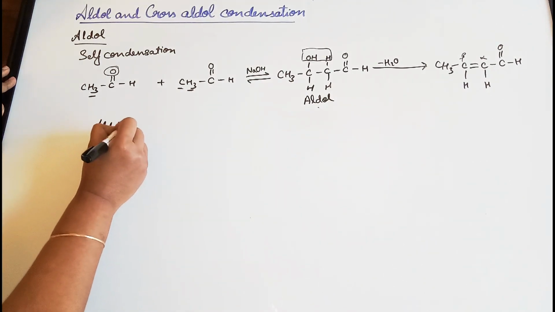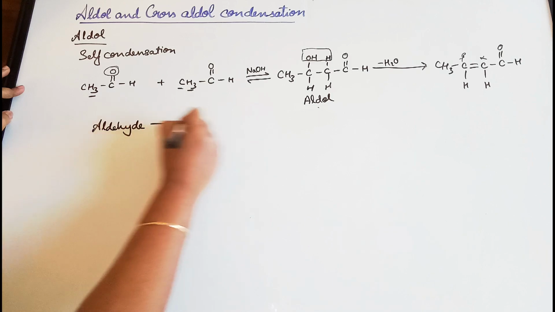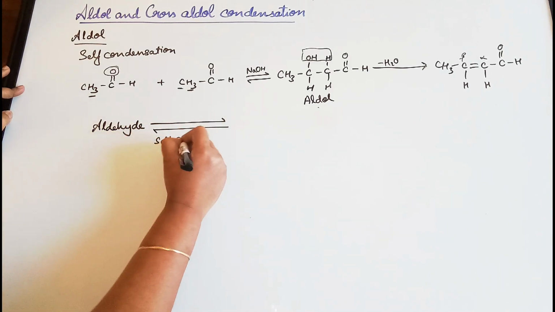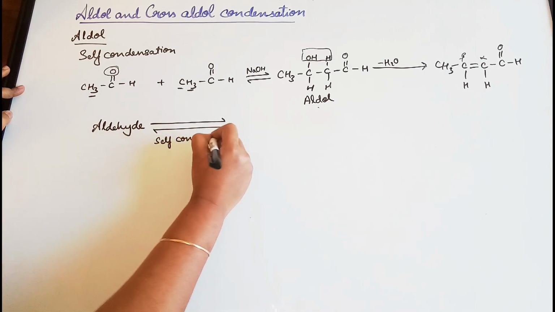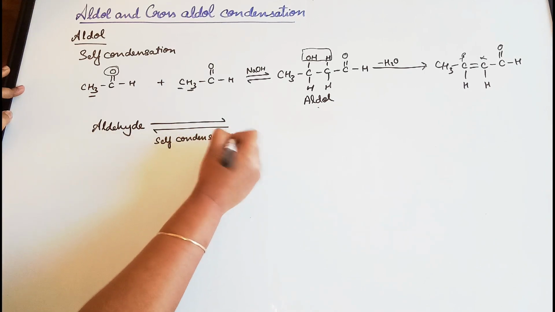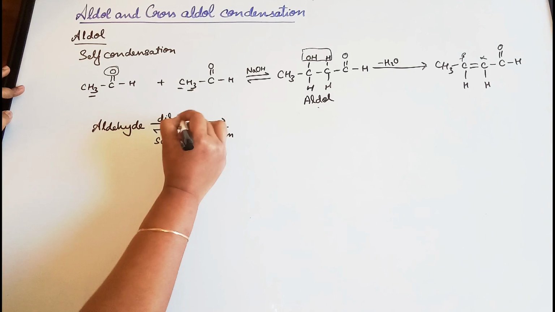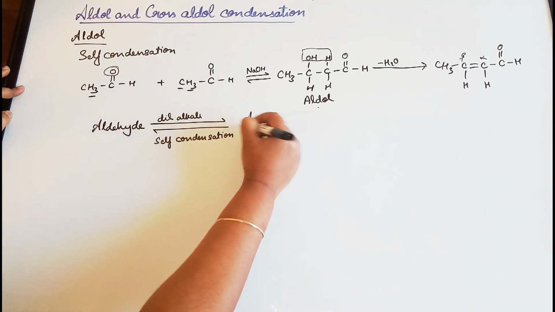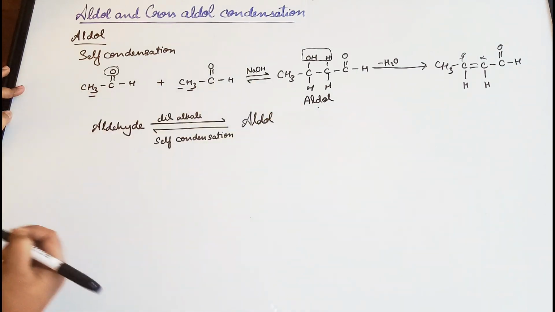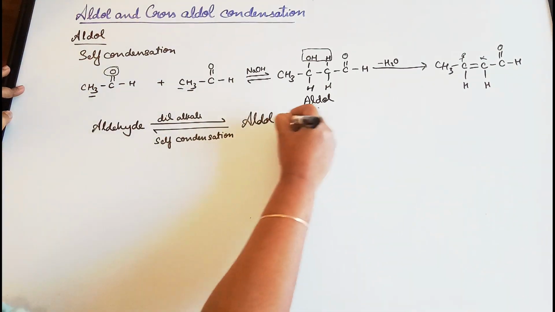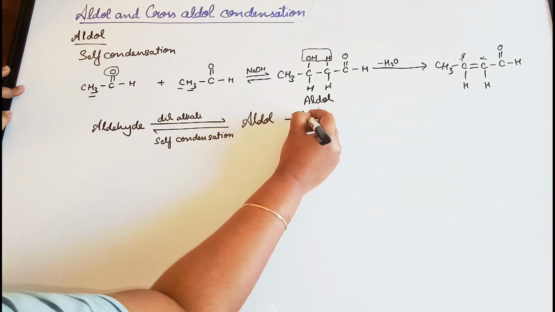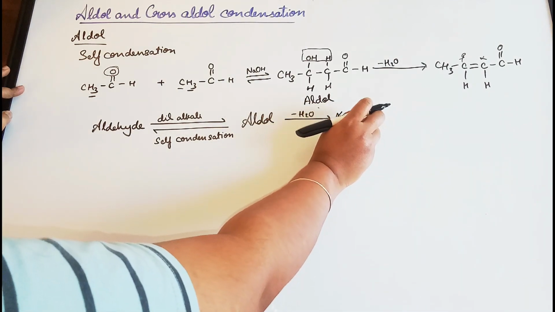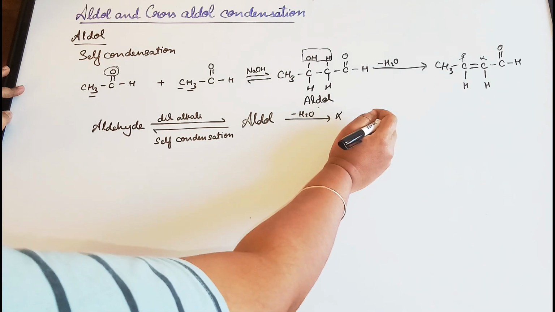Aldehyde is going to undergo self-condensation in the presence of a dilute alkali to give us an aldol. And this is going to lose water to give us an alpha beta unsaturated carbonyl compound.